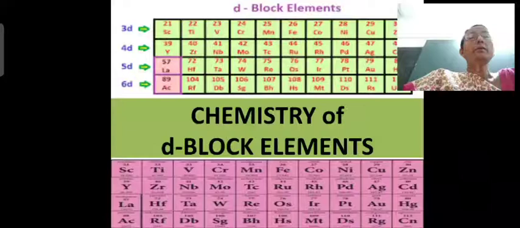and there are 4 series of D block elements: 3D series, 4D series, 5D series, and then 6D series. The 3D series, you can see here in the slide, starts from scandium, atomic number 21.